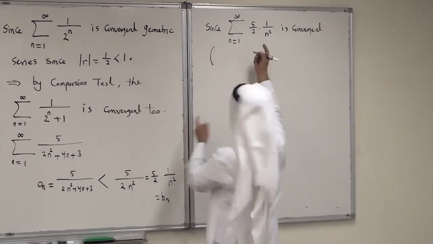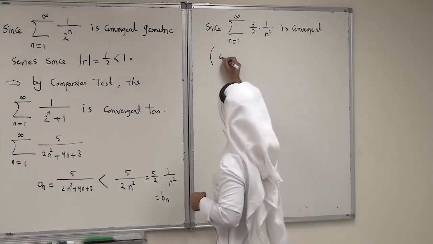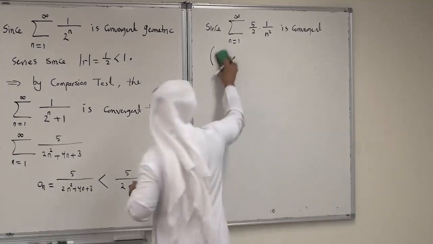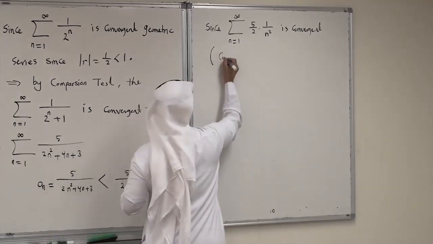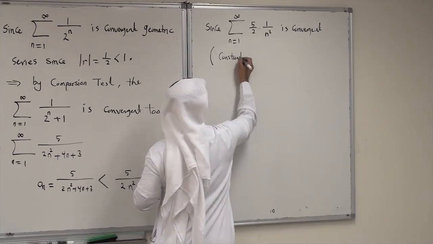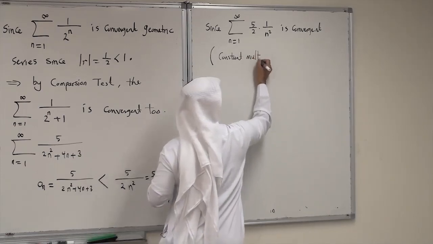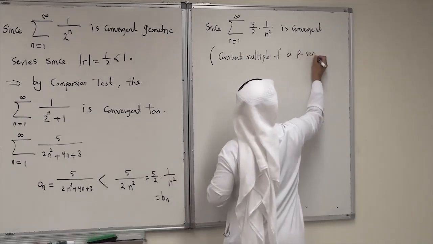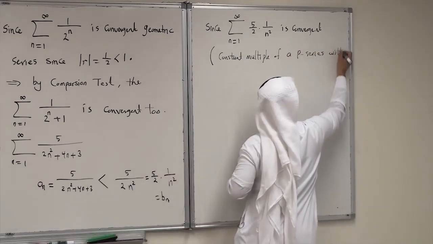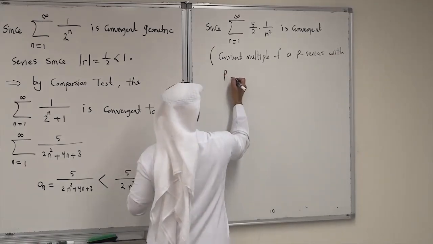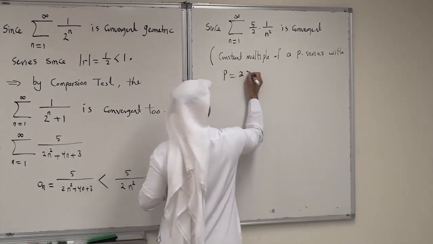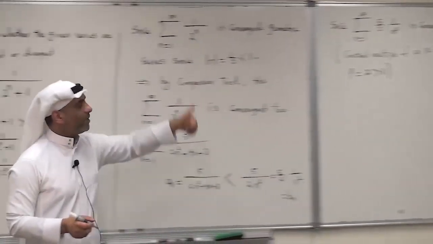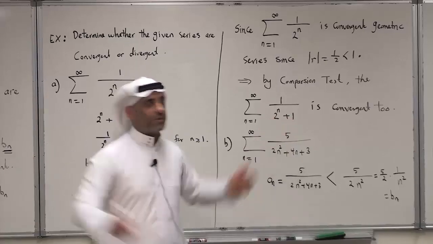It is a constant multiple of a P series with P equal to 2, which is greater than 1. So it is convergent because of this reason: a constant multiple of a convergent P series is convergent.